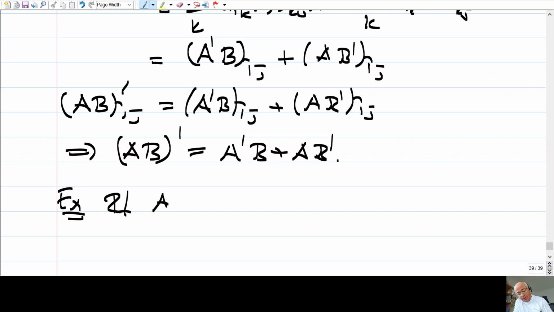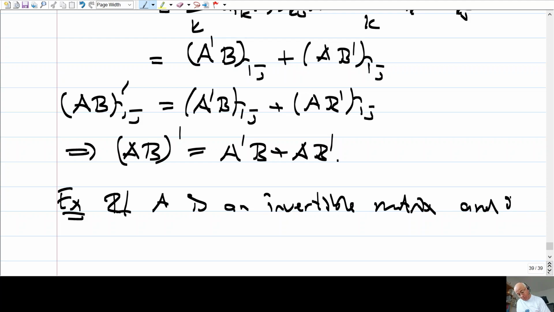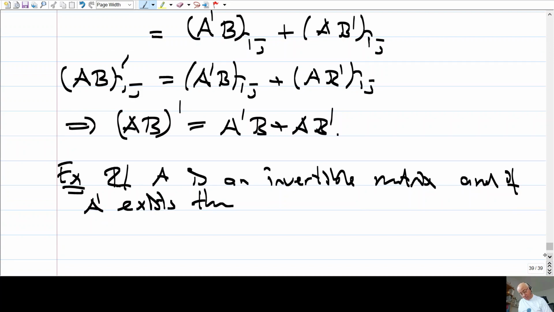If A is an invertible matrix and the derivative of A exists, then we have A times A inverse equal to the identity, right?